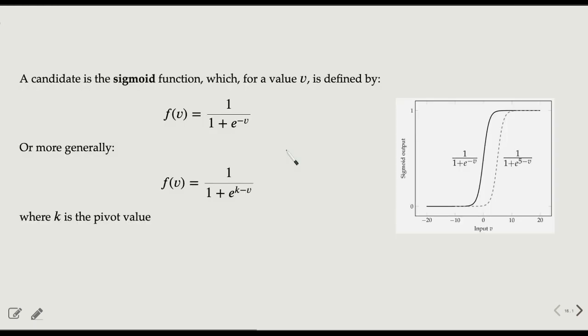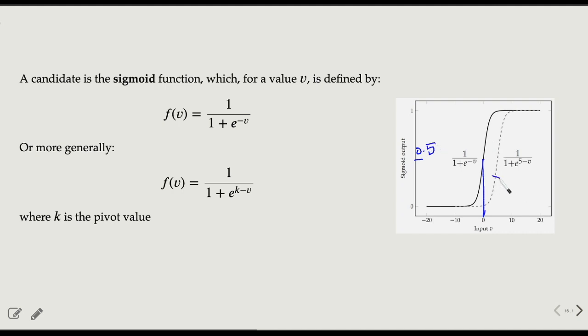A candidate is the sigmoid function, which for value v can be defined as a function here. So here is the functional form of the sigmoid function. When the value v is 0, the return is 0.5, the middle point.